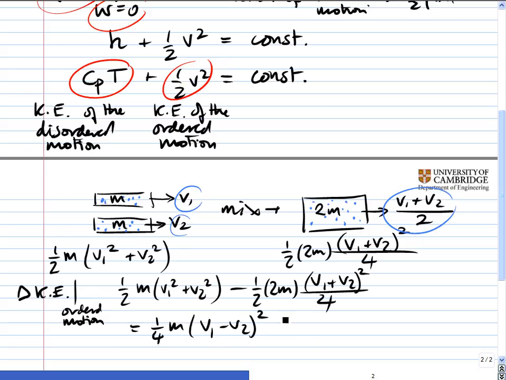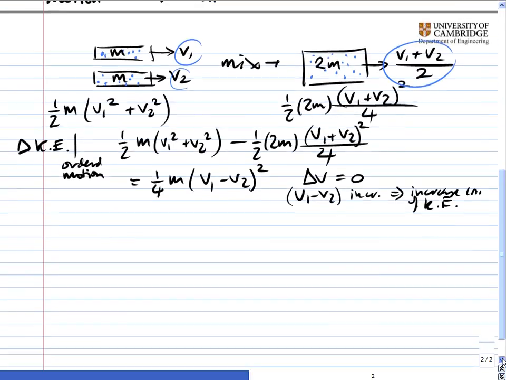Now because of the squared term here, it's always positive. You'll notice that little check: when delta v is equal to 0, there's no loss in kinetic energy of ordered motion, and as v1 minus v2, or delta v, increases, we get an increased loss of kinetic energy of ordered motion.